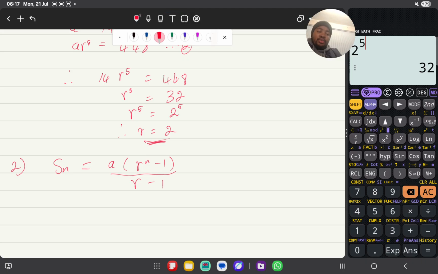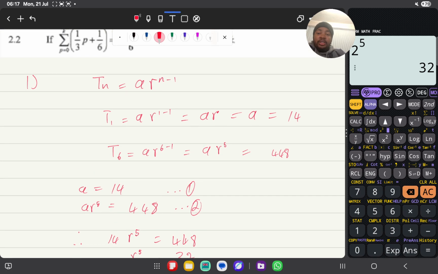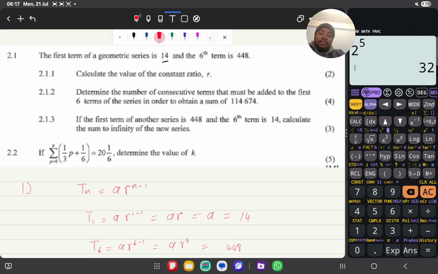But before we calculate, we need to understand the statement here. The statement is saying that there are consecutive terms that we added to the first 6 terms. Do you understand? There are 6 terms: term 1, term 2, term 3, term 4, term 5 and term 6.